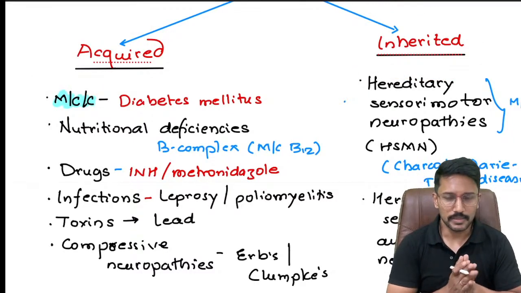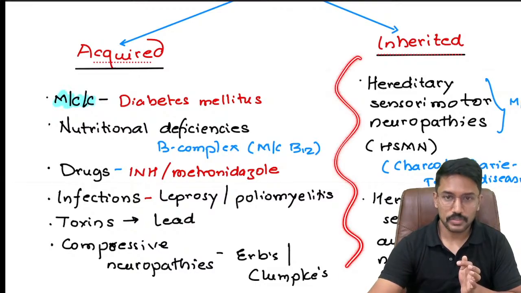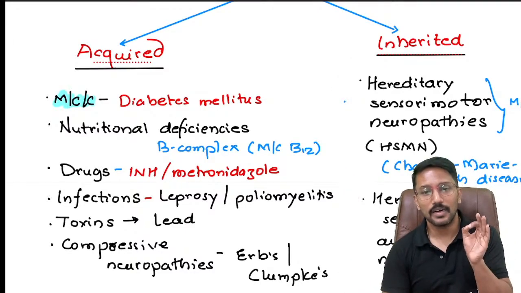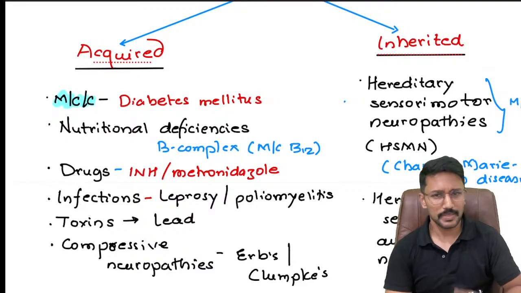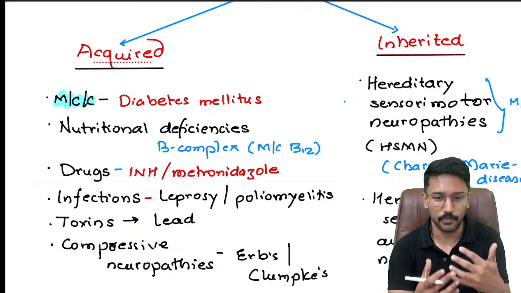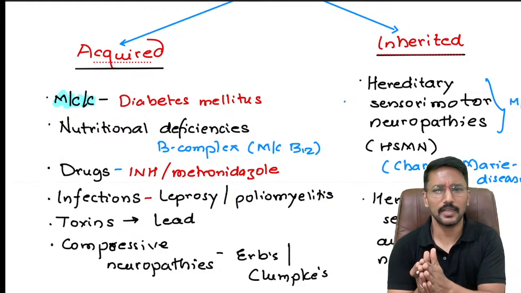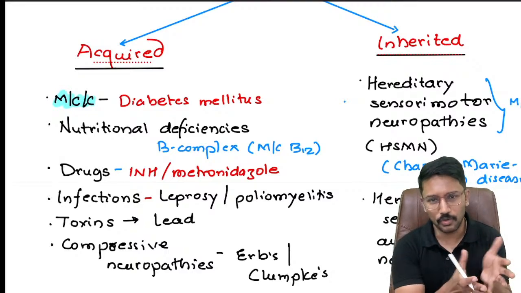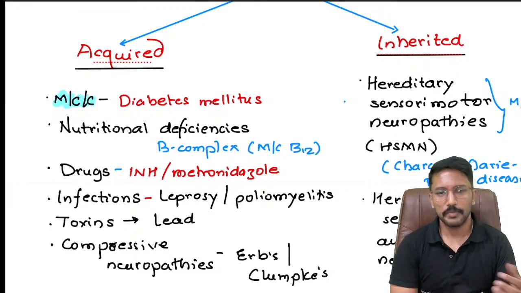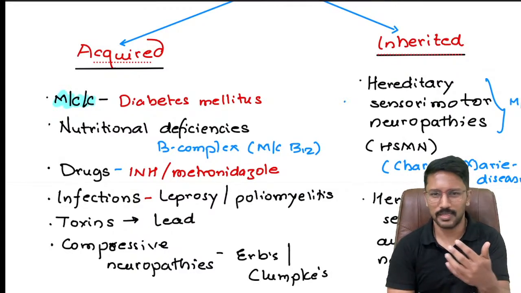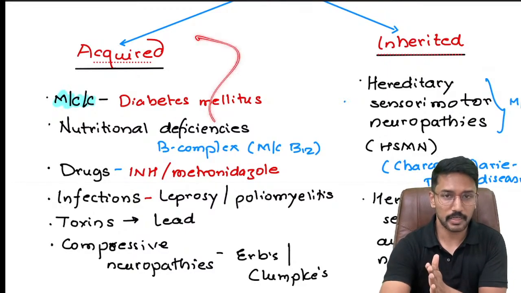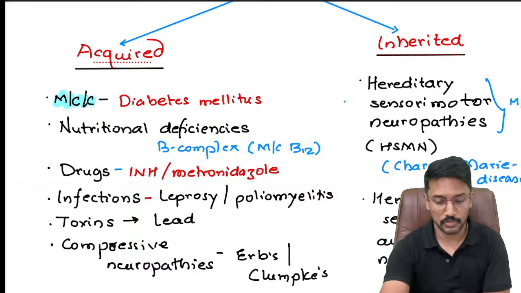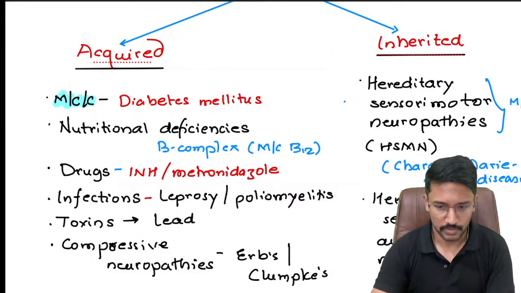So please remember, guys, most of the inherited causes for neuropathy present in early childhood or early adulthood. So if I see someone presenting with neuropathy in their 40s or 50s, it is unlikely to be inherited. It will almost always be acquired. But if I see a 5-year-old, 6-year-old, or a teenager presenting with neuropathies, it may be acquired, but I should also consider the possibility of inherited disorders, right?